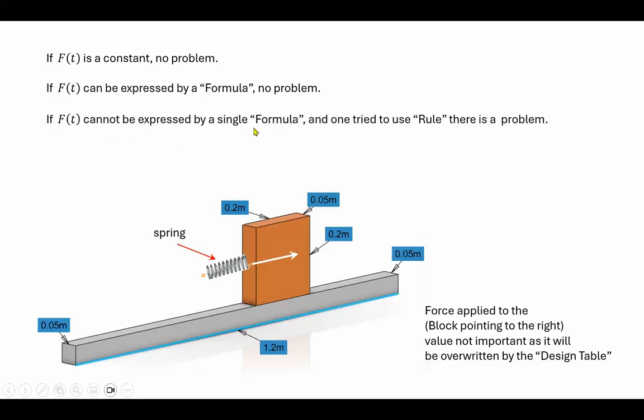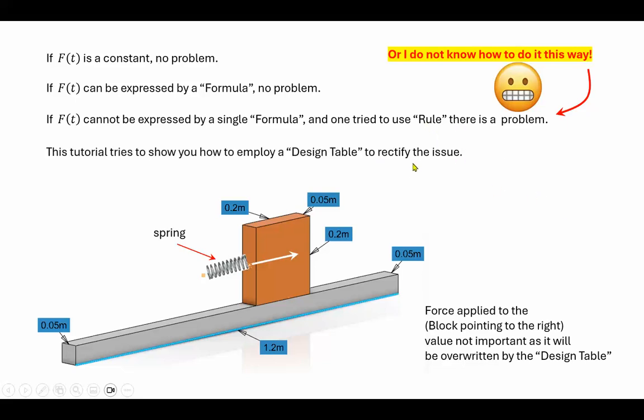If there is an if statement involved, we can use a rule, which is basically writing a couple of lines of code. The problem is that this doesn't work. You can do it. However, when it comes to simulating it, it doesn't recognize those if statements within the rule. I've already done videos on this before. However, this can be fixed by, instead of using a rule, using a design table. I also have a tutorial on the design table in the same playlist where I did the different problem. So this is what I'm going to be using.